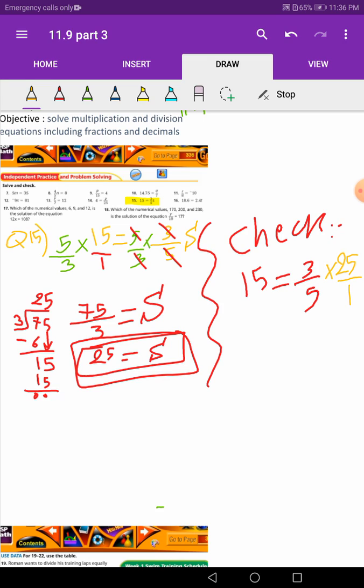So 25 times 3 is 75. And 5 times 1 is 5. Is 75 over 5 equal to 15? Yes, because how many 5's are there in 75? There are 15. Since 15 times 5 is 75, so 15 equals 15.